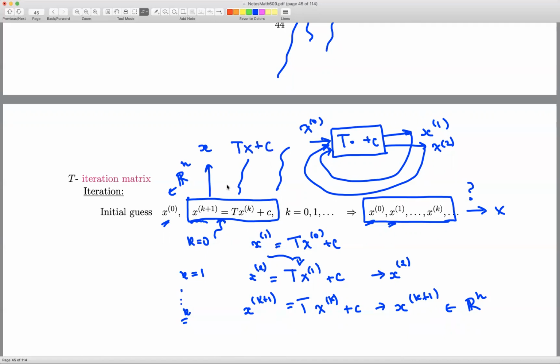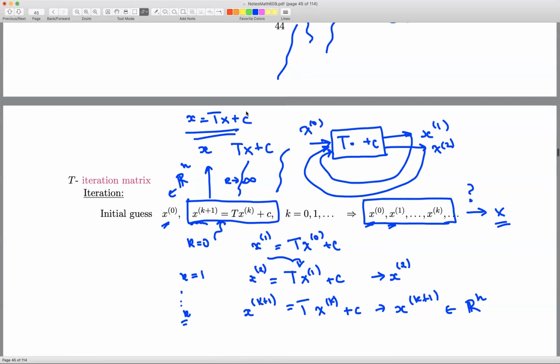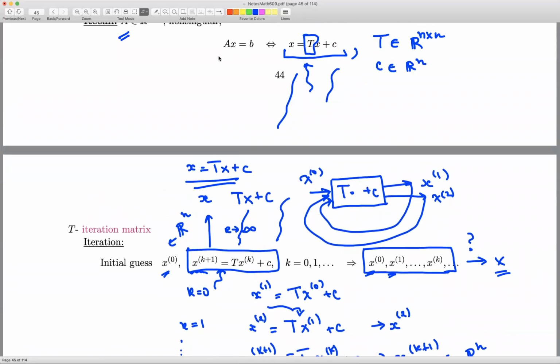So if we take the limit in this equation when k goes to infinity, then we will see that the limiting vector x will satisfy the system x = Tx + c, and this system was the way in which we had rewritten the original system Ax = b.